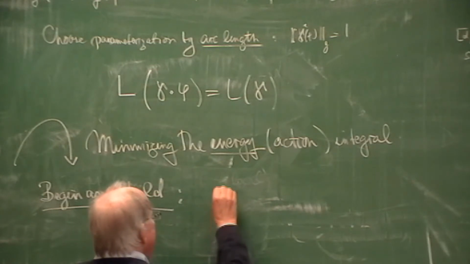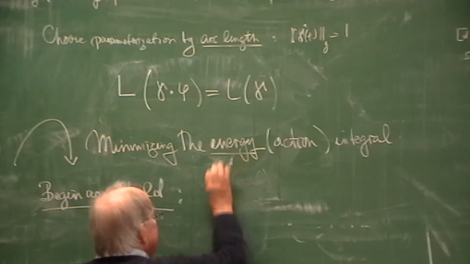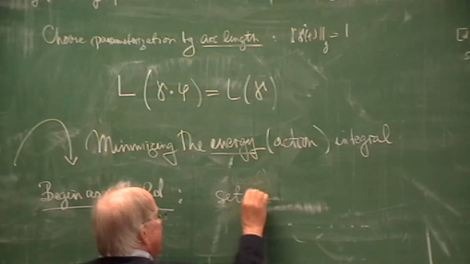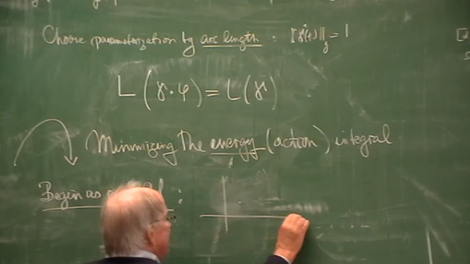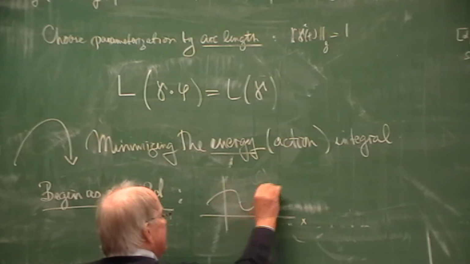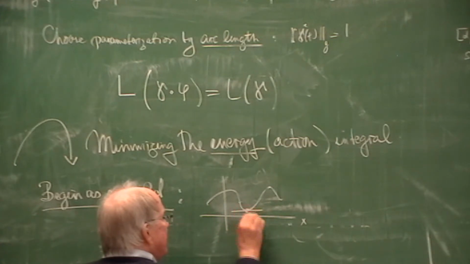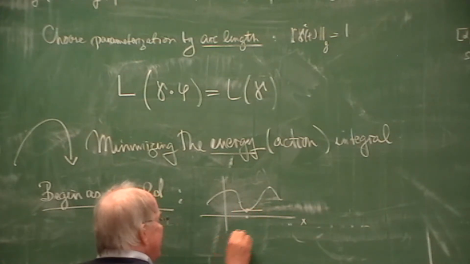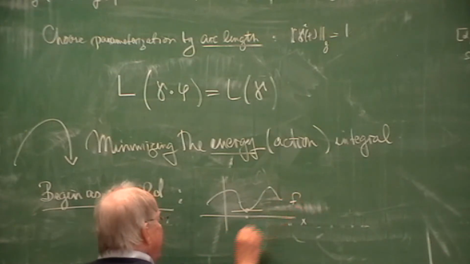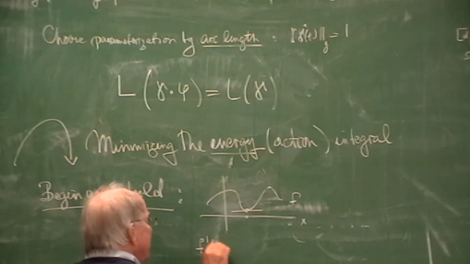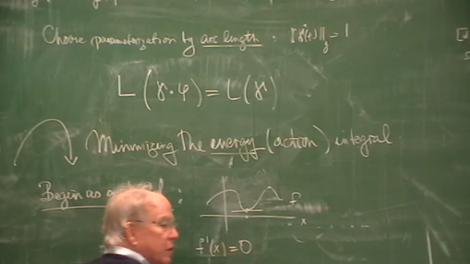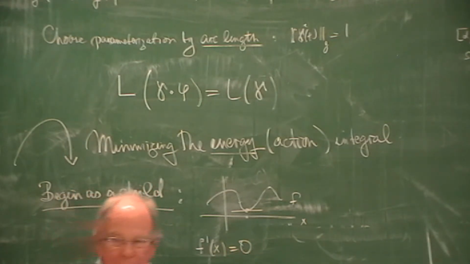We begin as a child, find, set. So we have a function. Here's x, and here's some function here, and we're looking for this point here. This should be the derivative of x equals, so this is a function f, and you try to find f, derivative of f equals 0. Right? Now, there are always two things.